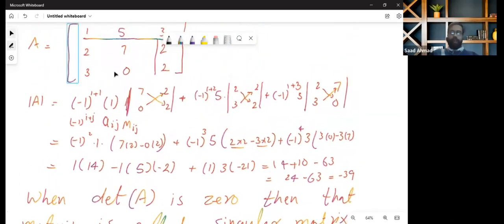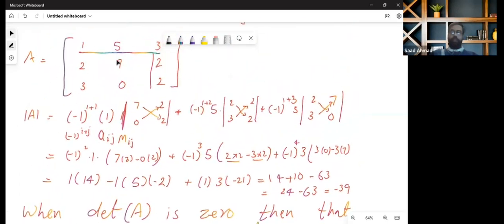Similarly, the idea that we used here, we can extend it to 4 by 4, 5 by 5, right? When we were doing this, we get a matrix whose determinant is M. Now here we got an M that is a 2 by 2 matrix.